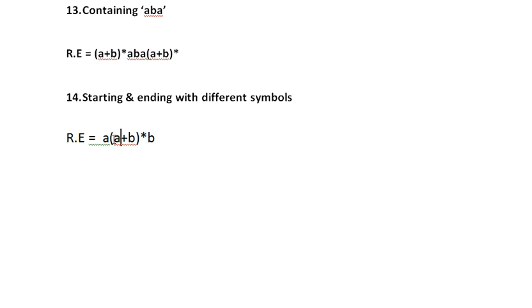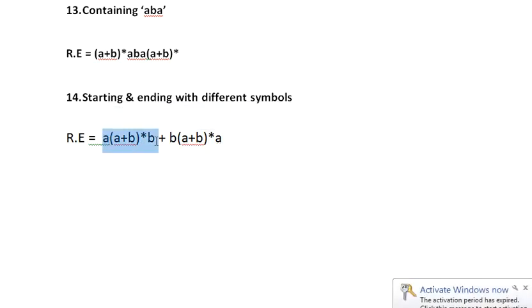Starts with A and ends with B. So this is one possible case, and another possible case will be what? I have to take the union of either case. That means starts with B and ends with A. This is the final answer for this regular expression. You can see the starting and ending symbols are different. So you can have either this condition or this condition, correct?